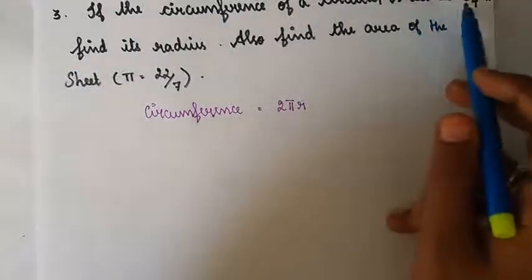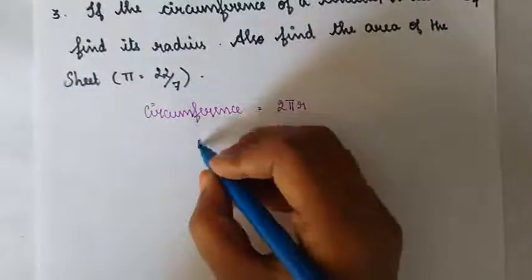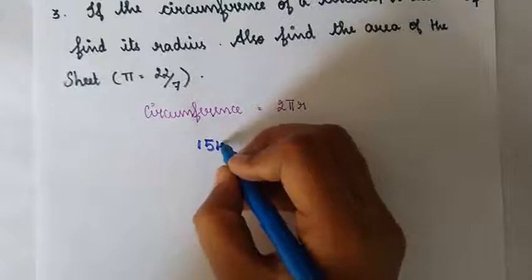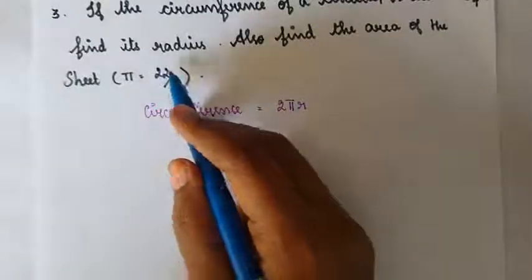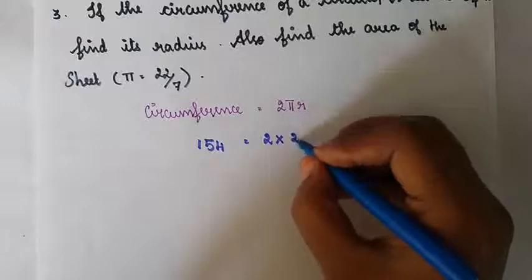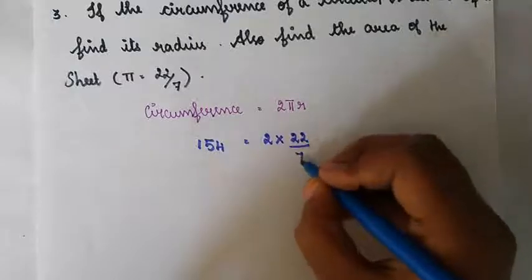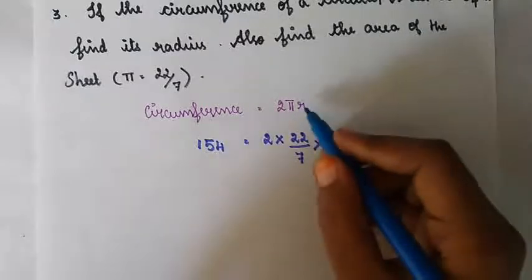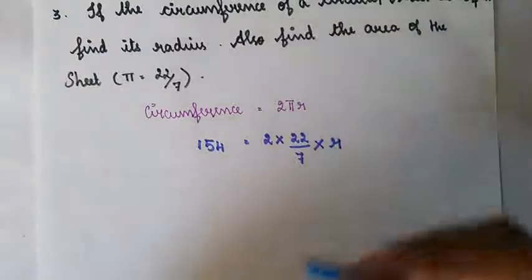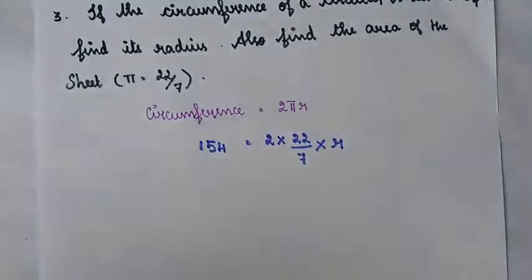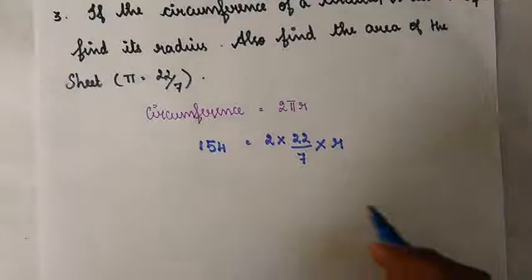Circumference is 154. 154 equal to 2 into, what is the value of pi? 22 by 7. We don't know the value of r, so we simply write r. You have to calculate the value of r.